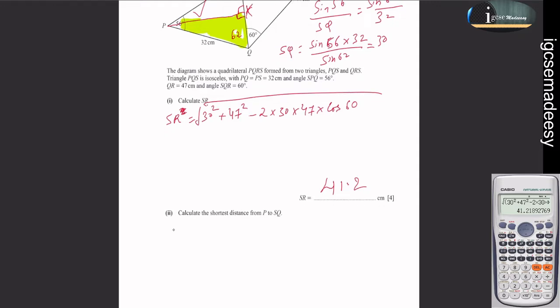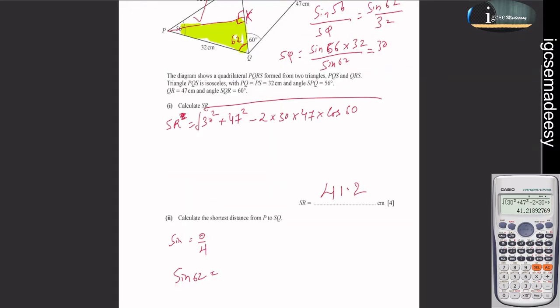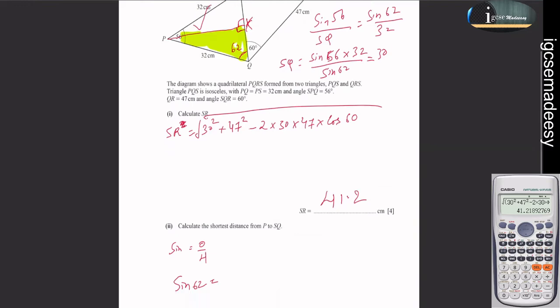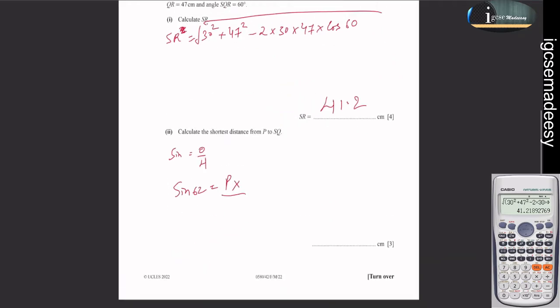So we can use SOH CAH TOA. SOH: sine equals opposite over hypotenuse. Let's take this angle. So sine of 62 equals the opposite, that is PX, divided by the hypotenuse, which is 32.